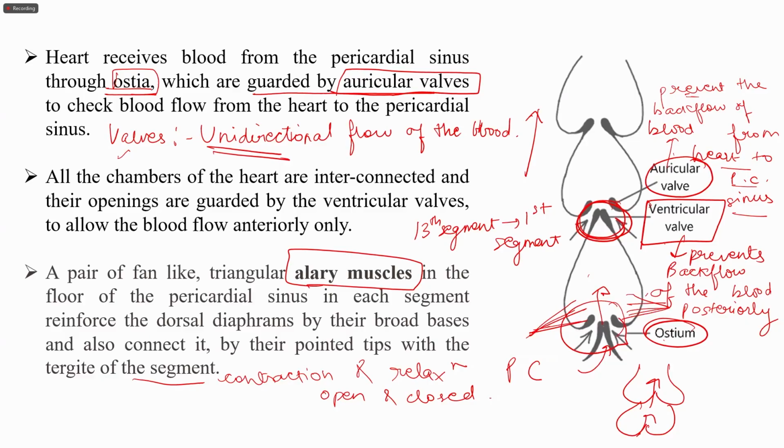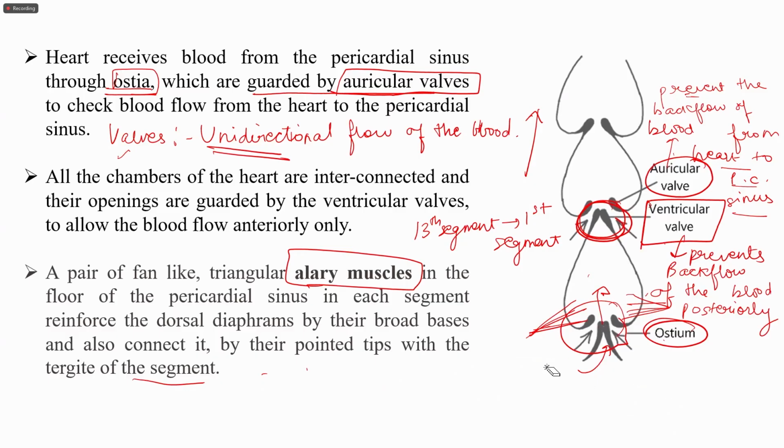So basically we can say that the blood flows in the heart from the 13th segment to the first segment. From there, it comes to the aorta, that is formed by the first segment. Then it reaches the head sinus, which is present in the first segment.